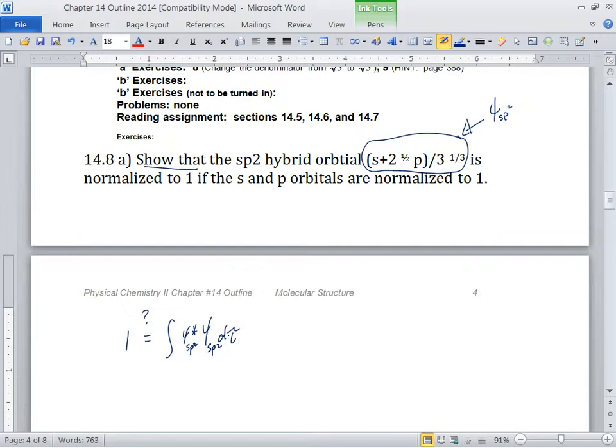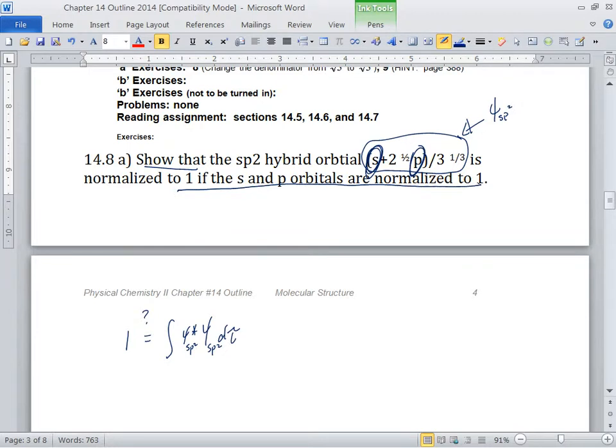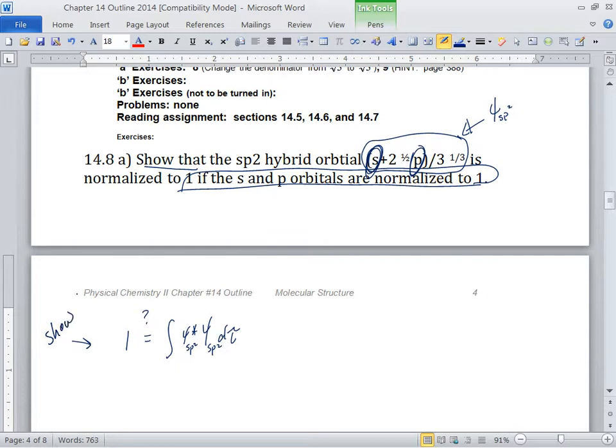They're letting us really cheat because they're saying s is this big ugly function of the s orbital, right? P. So that it goes to show that if the s and the p orbitals are normalized to 1, what expression would you write? We're going to show this, but we want to get the rules of the game down here first.